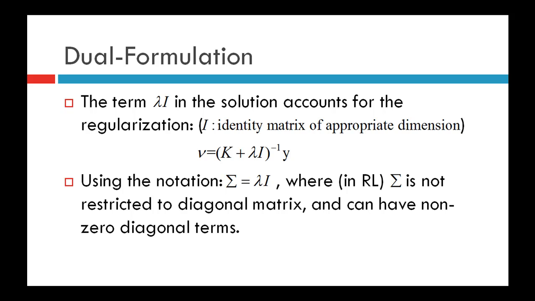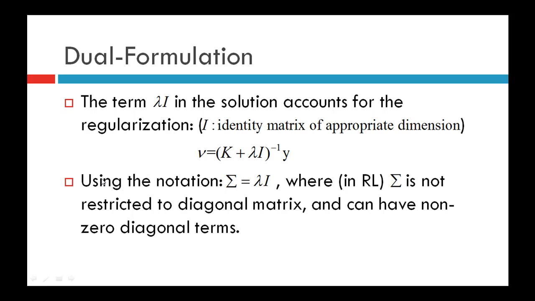As I mentioned, in the dual formulation, the matrix lambda I in the solution accounts for the regularization, that is, the term lambda over 2 times W transpose W results in this matrix lambda times I. The lambda is a positive scalar, and I is an identity matrix of appropriate dimension.